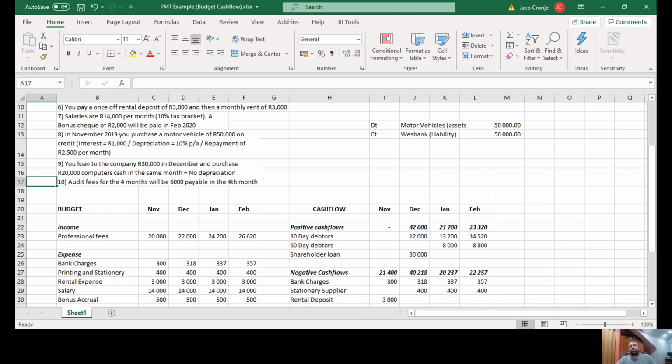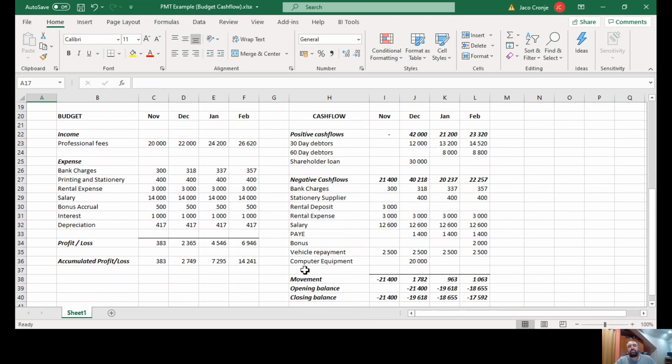Then we get to the last one. Audit fees for the 4 months will be 6,000 Rand payable in the 4th month. So let's first do the easy one. Audit fees. The moment I pay that, it will definitely go out of my bank account and decrease my bank balance by 6,000 Rand.